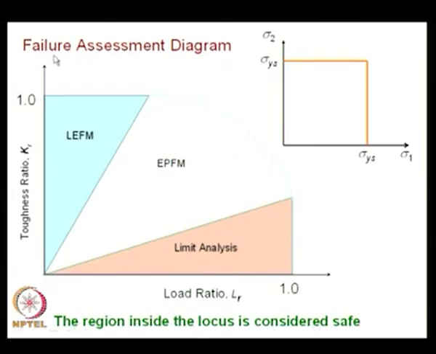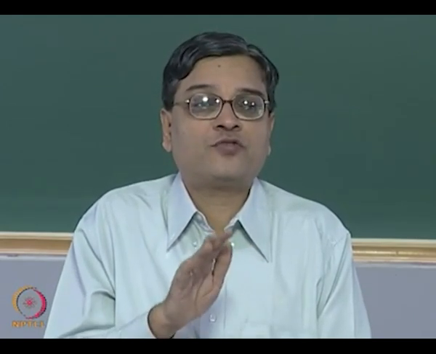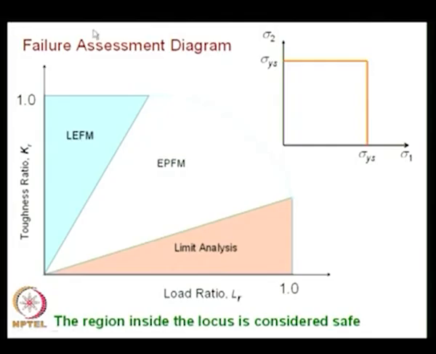So that is where the success of the failure assessment diagram really shows, when your LEFM analysis as well as plastic collapse fail; you can't apply them individually. So the recommendation is, don't go and apply LEFM blindly. You always fall back upon the failure assessment diagram, because it encompasses LEFM, EPFM as well as limit analysis.